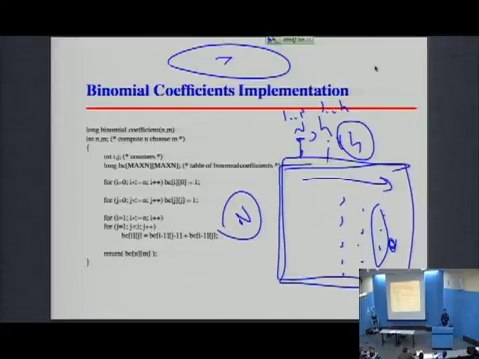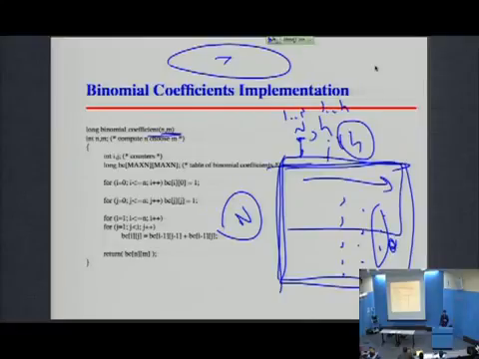How many cells in this matrix do we have? N squared, well, in general, I guess n squared, or to compute a particular n choose m, n by m in the appropriate subarray.